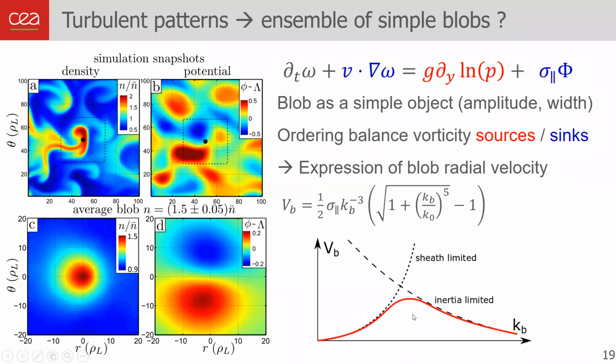So you have a maximum velocity somewhere. But experimentally, I was always wondering what is the veracity of this? This concerns simple blobs, like nicely shaped density perturbations and vortices. In simulations, this is something much more complicated.